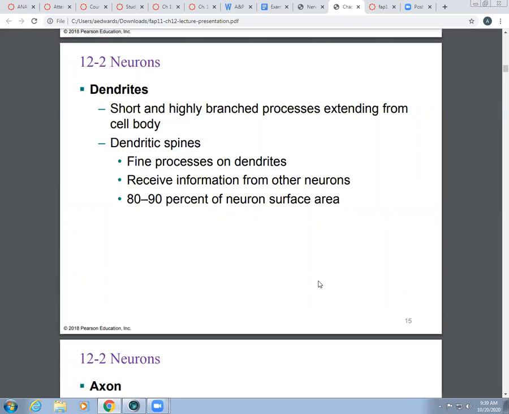And these are just little processes on those dendrites. And they're able to get information from other neurons. They actually are a large component of the neuron surface area. These spines add surface area, which is important because then it allows more connection between neurons.